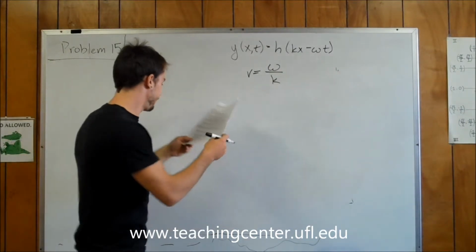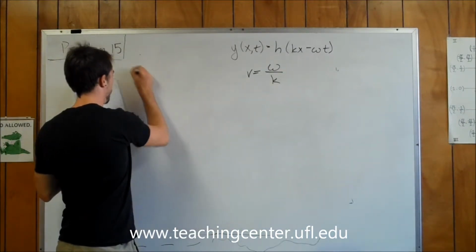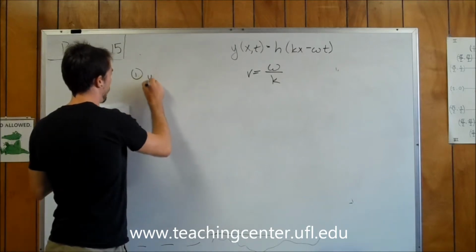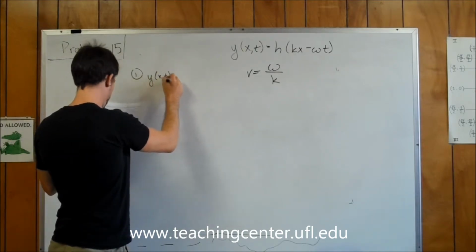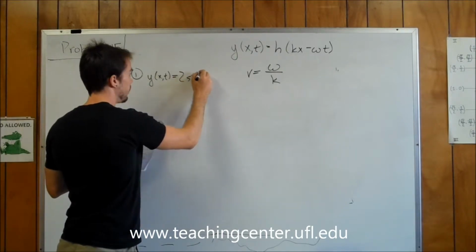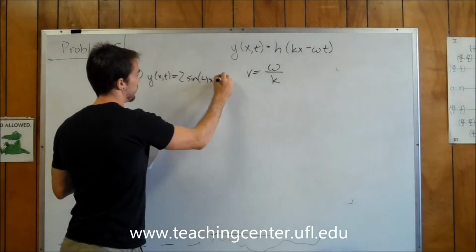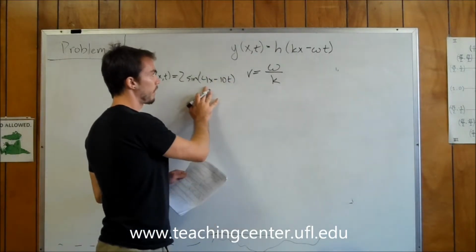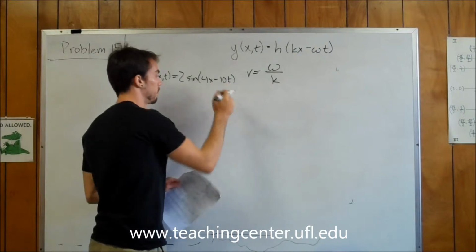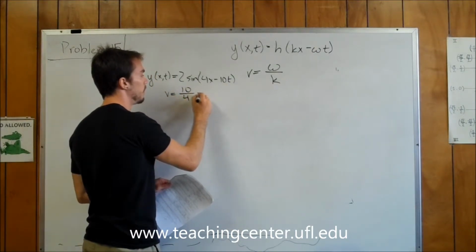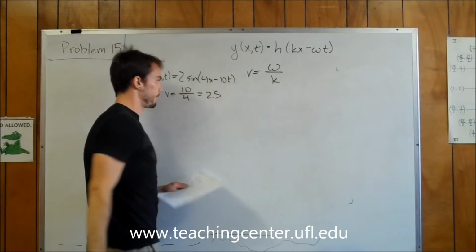So number 1 says y of x and t is going to be equal to 2 sine 4x minus 10t. So 4 is our k, 10 is our omega, then our velocity is just going to be equal to 10 over 4, which is equal to 2.5.